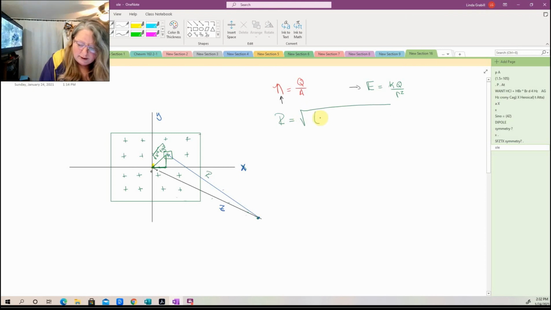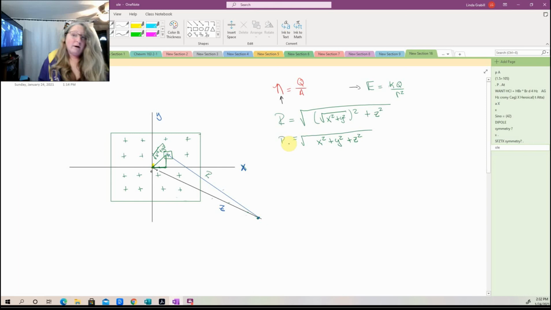So R is going to be the square root of, what do I have? I have the square root of x squared plus y squared, that quantity squared, plus z squared. And then that square root of a square, rather, just simplifies down to x squared plus y squared plus z squared.